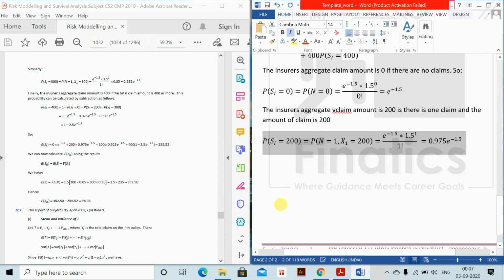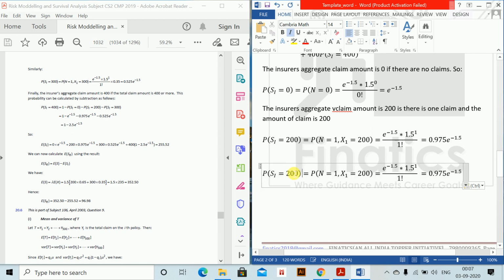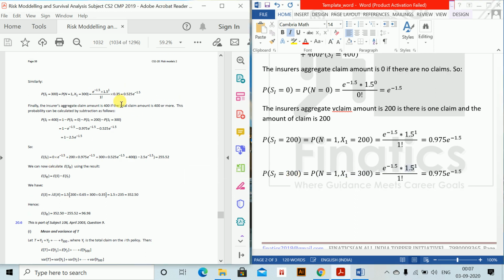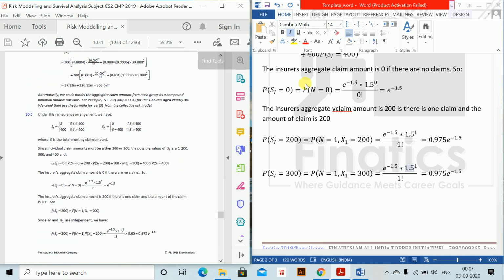And similarly for 400 also. So first 300 is equal to the probability of N equals 1 and X1 is equal to 300, which is equal to e to the power minus 1.5 times 1.5 times 0.35, which is 0.525 e to the power minus 1.5.